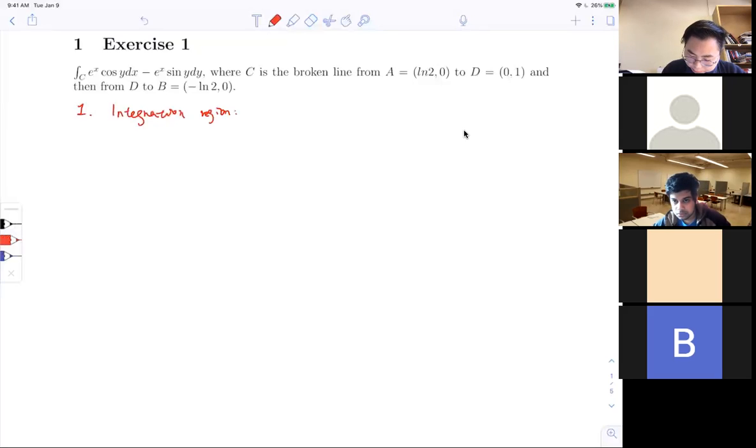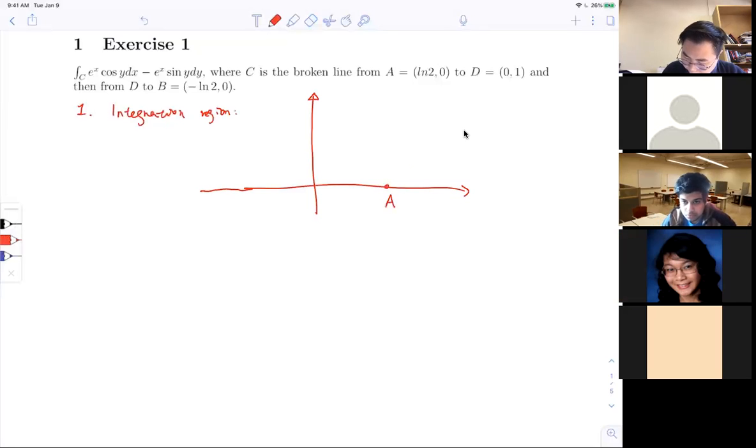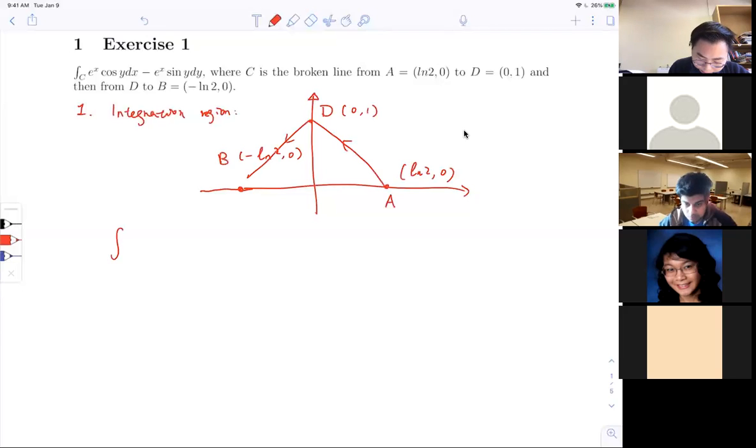From the problem, you can see that it goes from point A, not to 0, to point D, 0, 1, and to point B, minus not to 0. So basically we need to do a line integral of cosine y dx minus exponential x sine y dy.